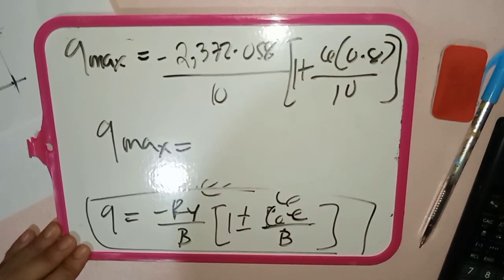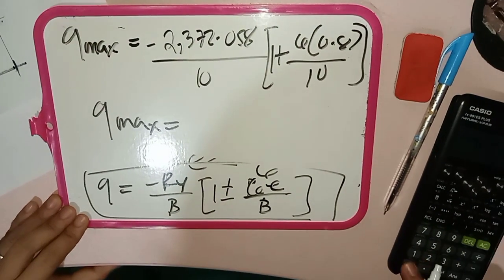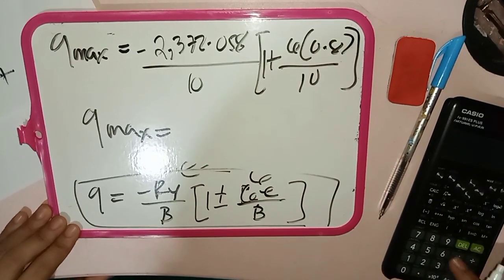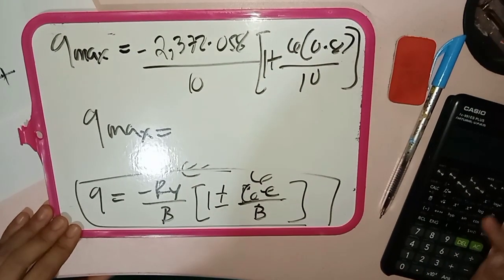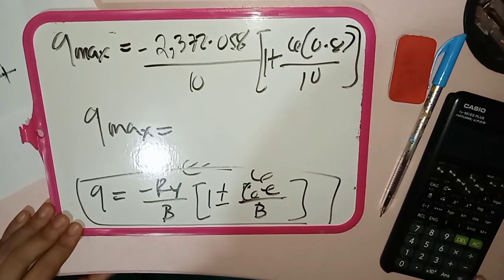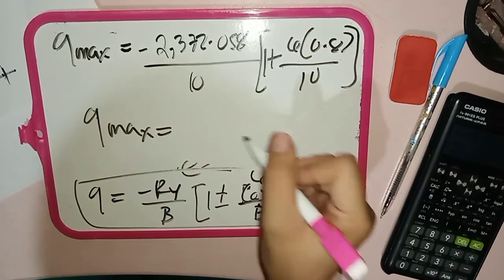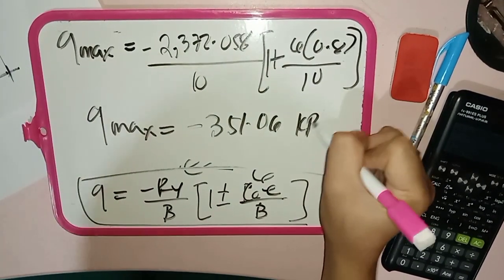So our Qmax here will be negative 2,372.058 over 10, times 1 plus 6 times 0.8 over 10. So we have a final answer: Qmax is negative 351.06 kPa.